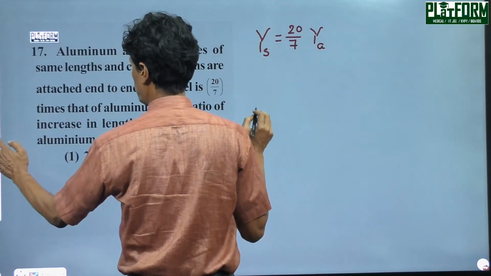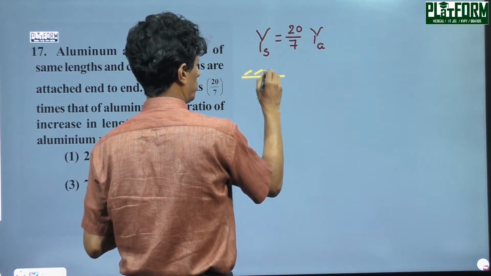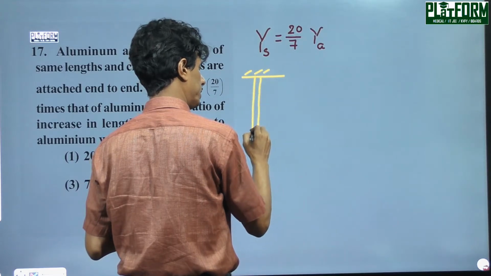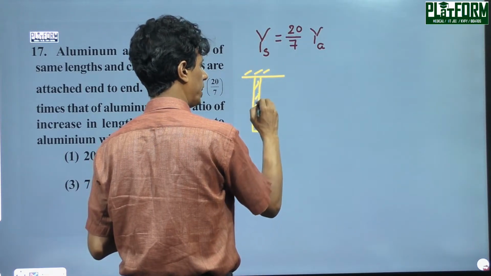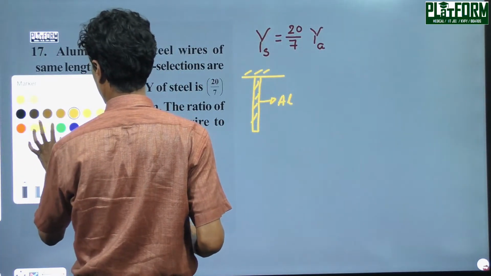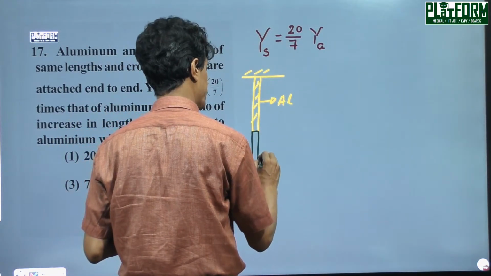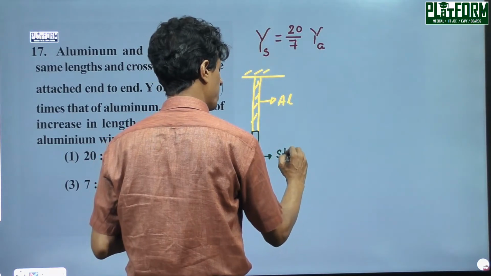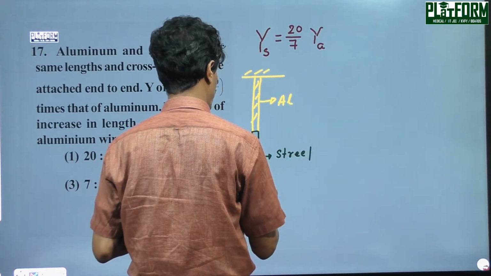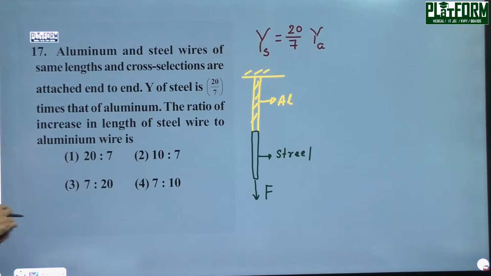You know, there are two wires: the string of aluminium and another string connected to its end, which is steel. If we put a force at the lower end of the steel, we have to find out the ratio of the increase in length of steel wire to aluminium wire.